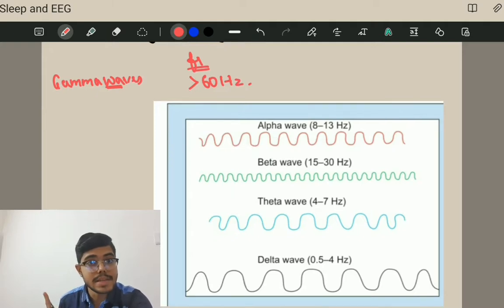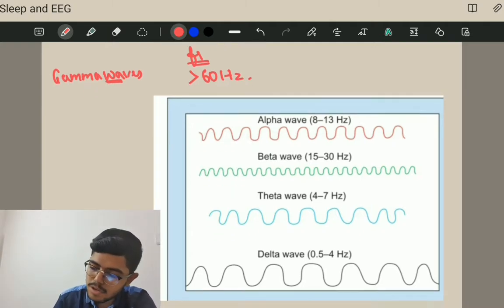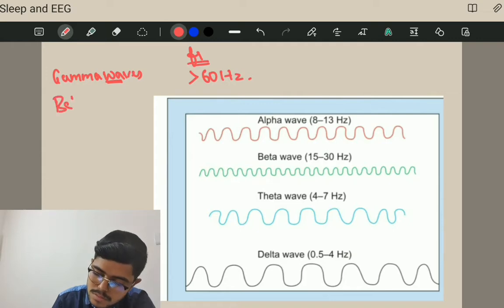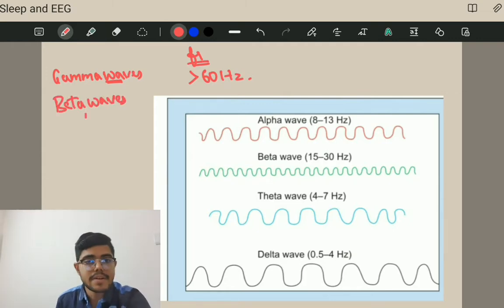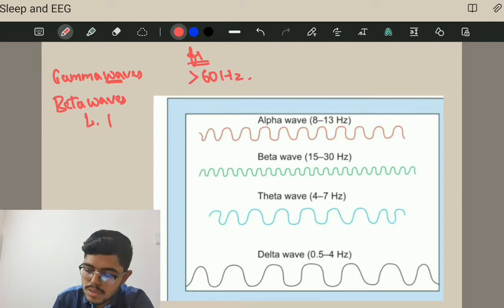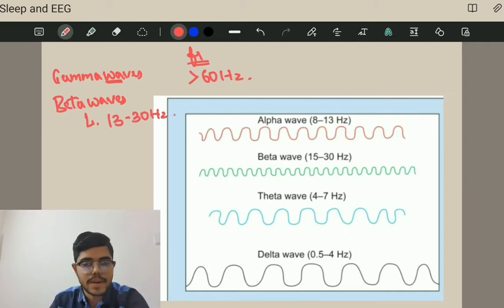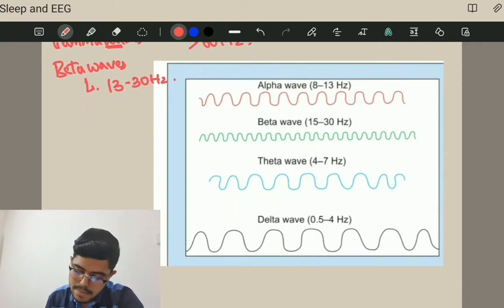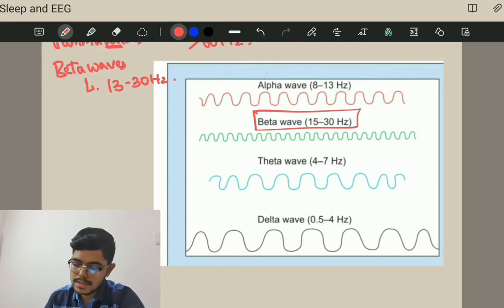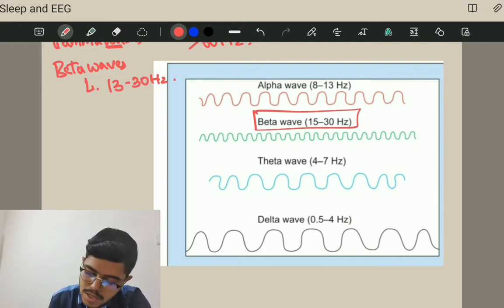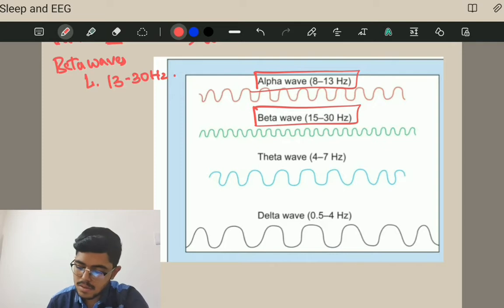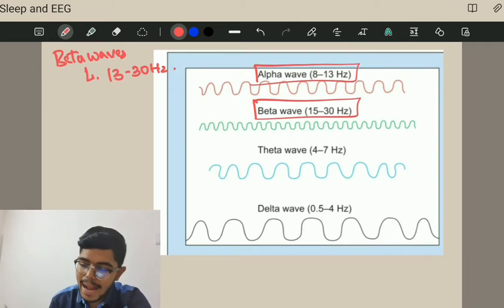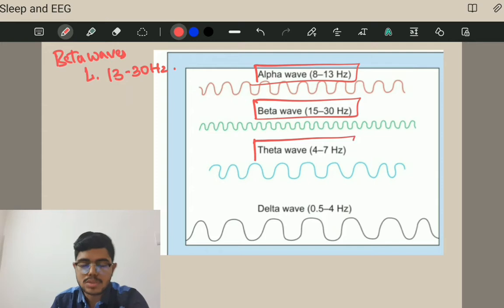Then we have beta waves, which are 13 to 30 hertz. And then we have alpha waves, which are 8 to 13 hertz. Then theta waves, which are 4 to 7 hertz, and the last one, delta waves, which are 0.5 to 4 hertz.